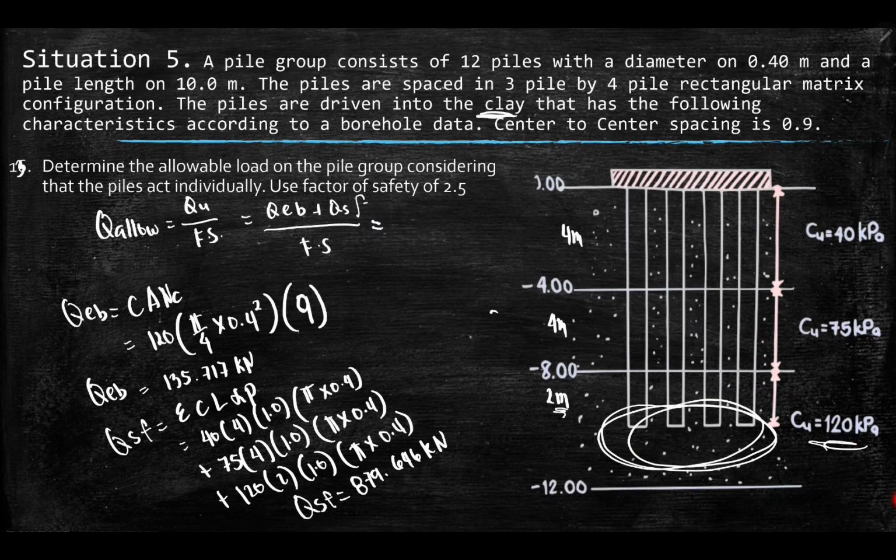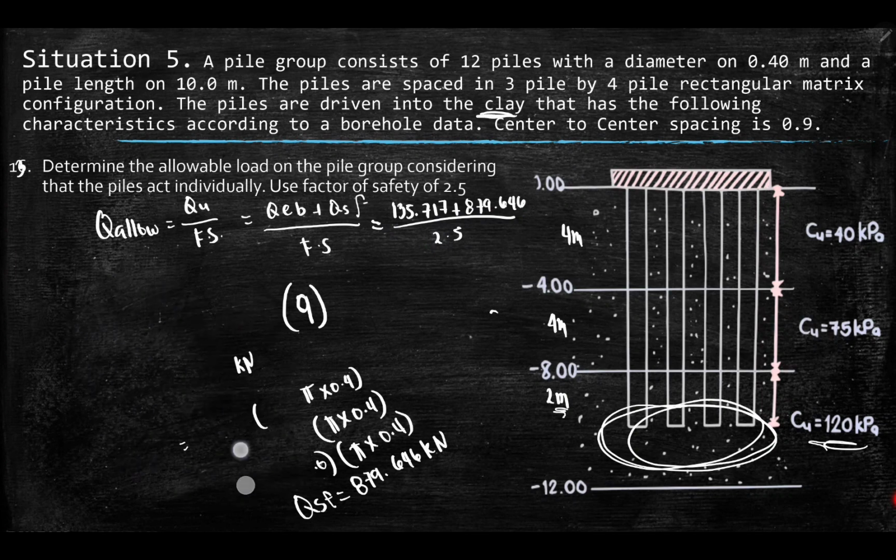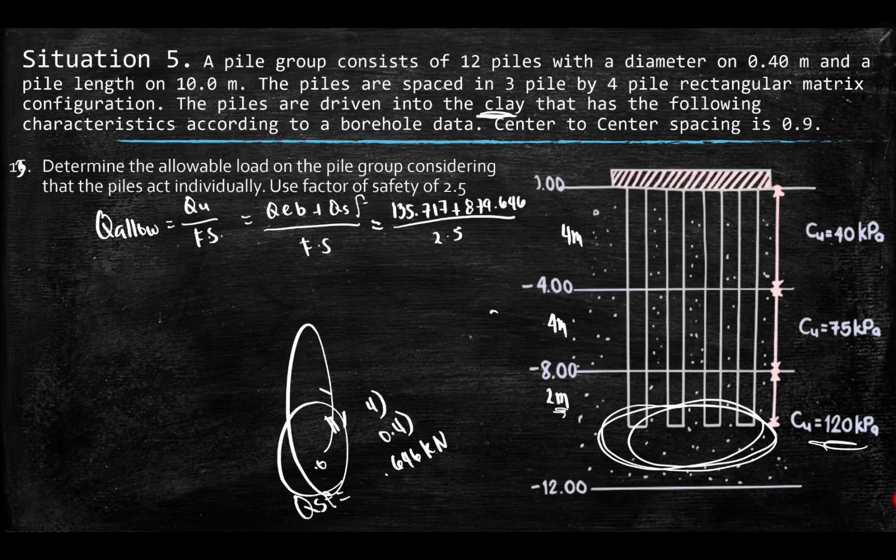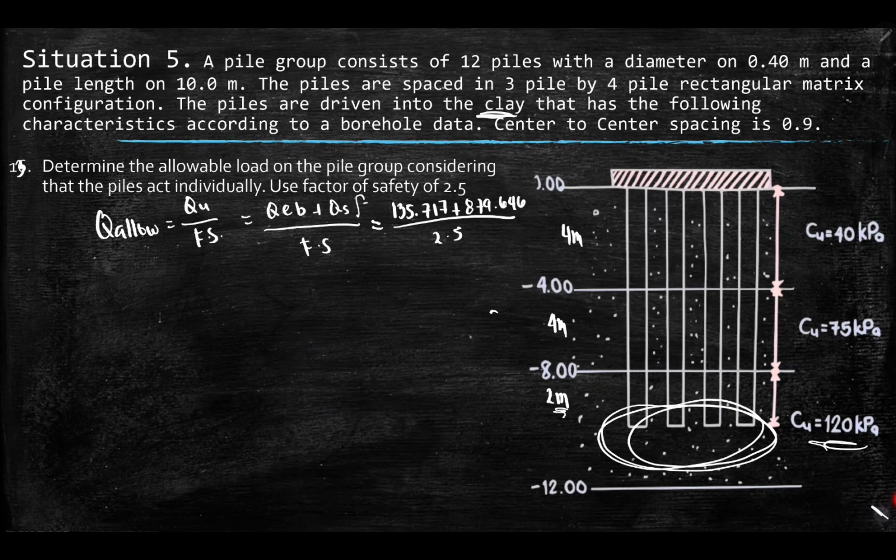Sabay na natin i-solve yung Q allowable. Okay? Again, meron tayong Q_EB, 135.717 plus 879.646, all over 2.5. Therefore, Q allowable, kapag kinonsider natin daw na individual na sila, kasi individual pa lang to.